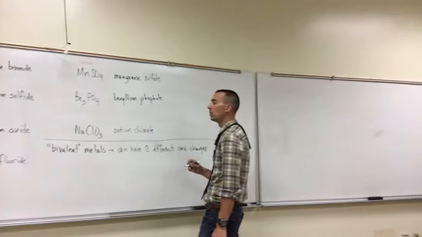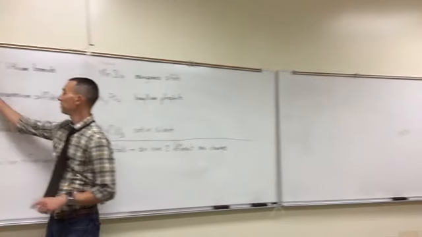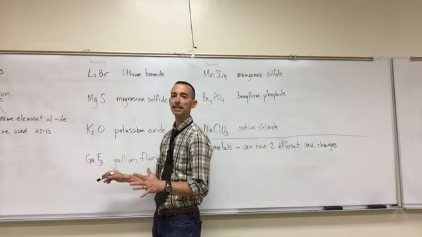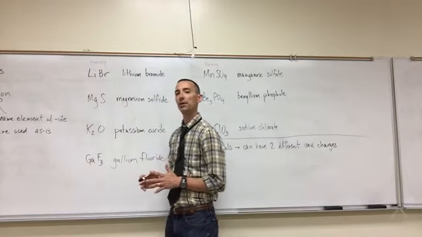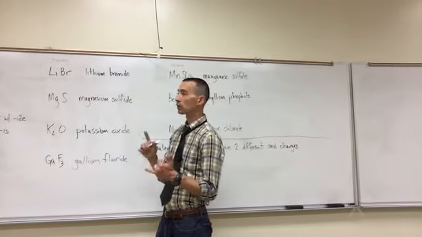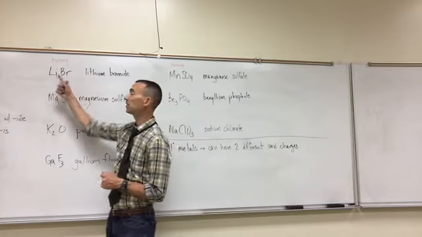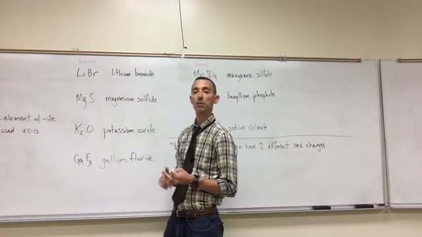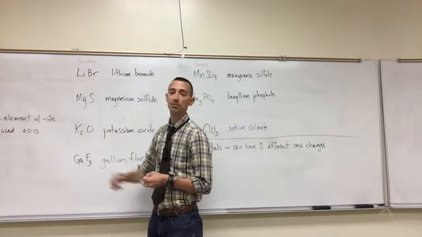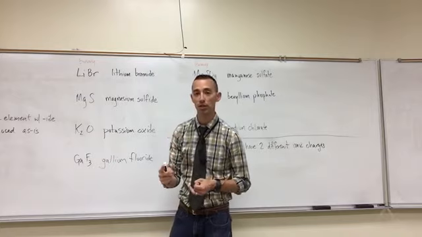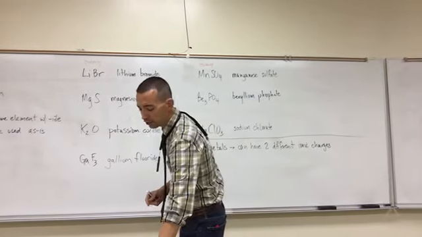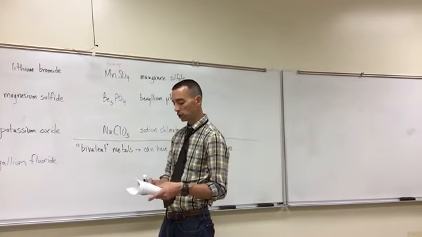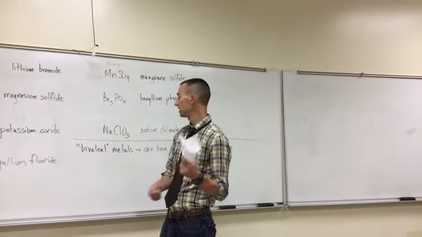This isn't true for metals like lithium, magnesium, potassium, gallium. Their charge is dictated by where they are in the periodic table. As a group 1 element, lithium must have a +1 charge. Potassium, also group 1, +1 charge. Magnesium, group 2, has a +2 charge.